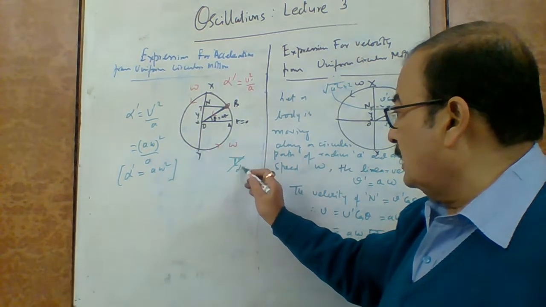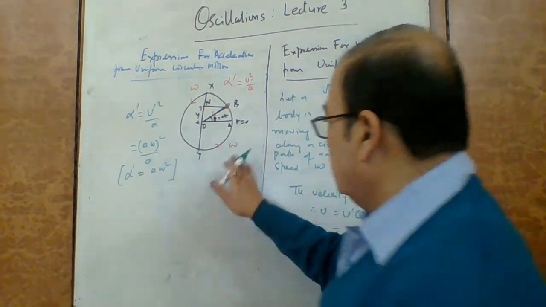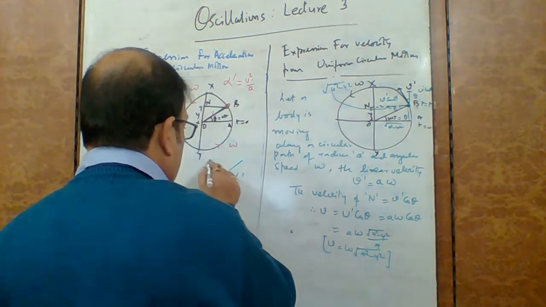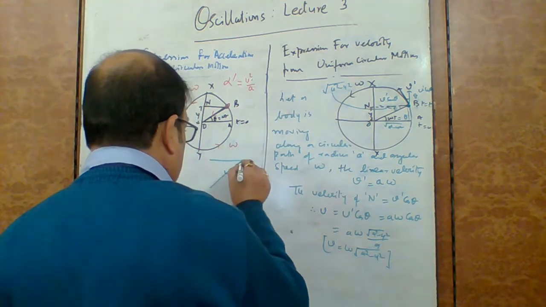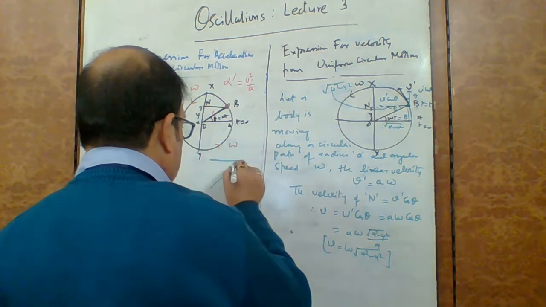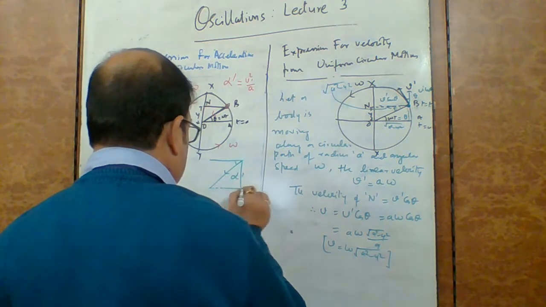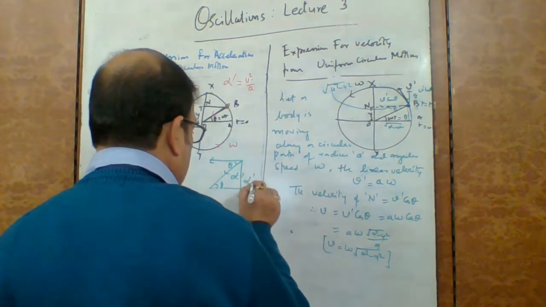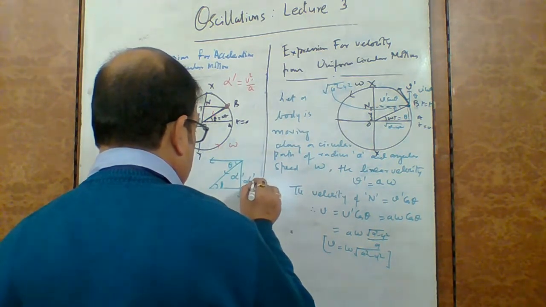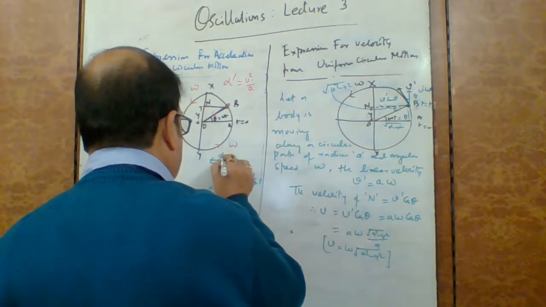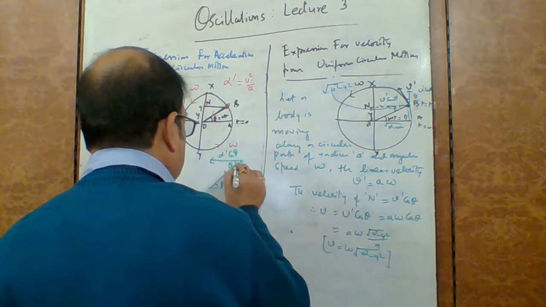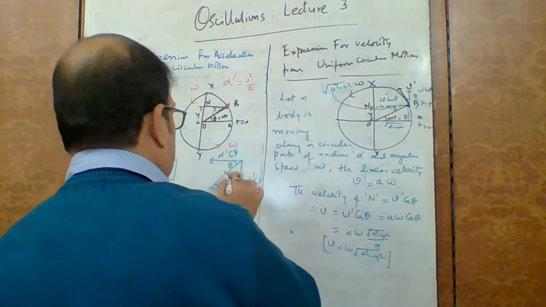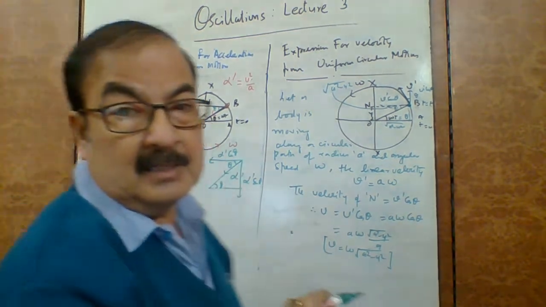Suppose we are having this diagram like this, this is alpha dash, this is one point, one another line is this one, this angle is theta, this angle is also theta, then this is your alpha dash sine theta, and this is your alpha dash cos theta, because this alpha dash makes an angle theta.